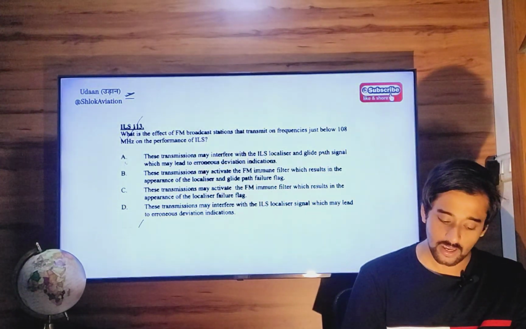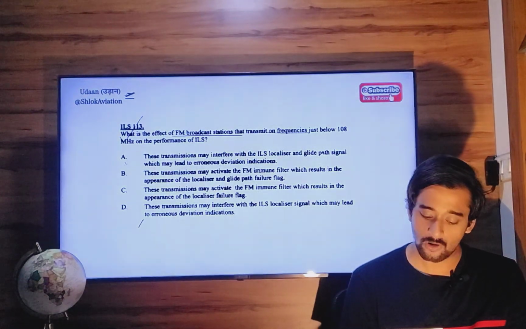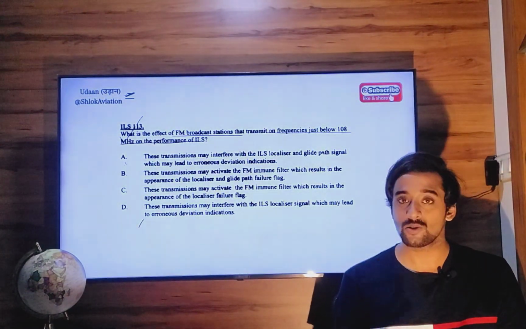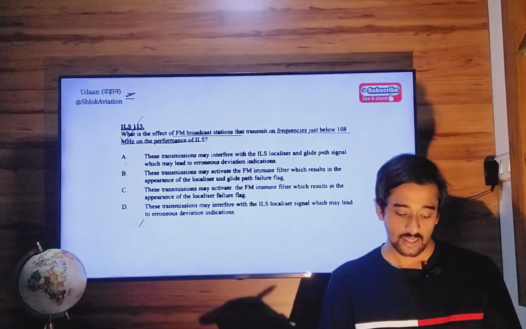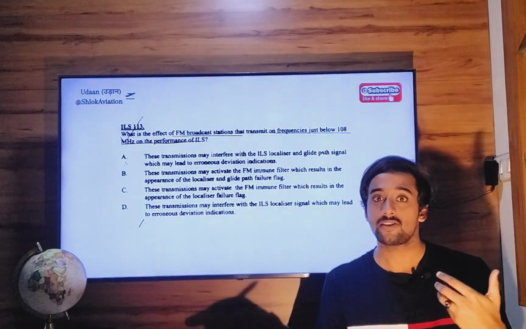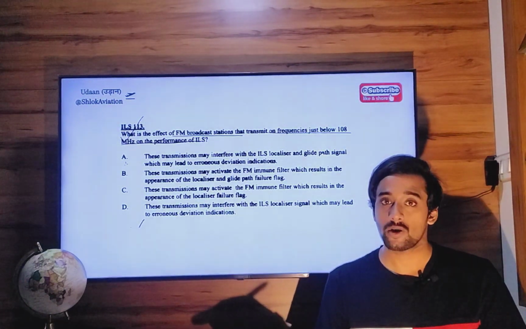What is the effect of FM commercial radio stations that transmit on frequencies just below 108 megahertz, which is used by the ILS localizer? Now, the frequencies at which these FM broadcast stations operate are frequency modulated.